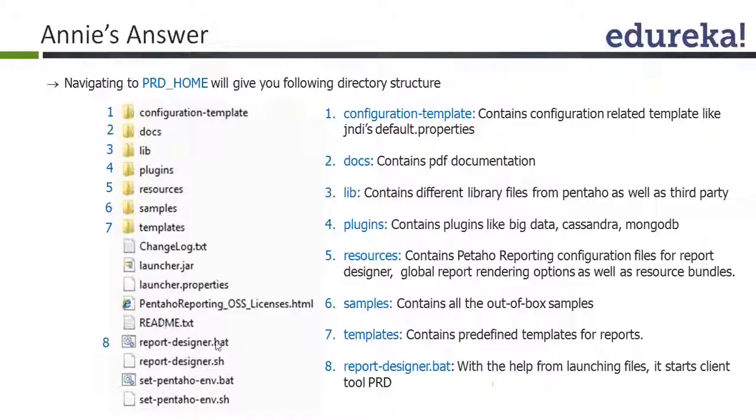This is the licensing term, readme. Then report-designer.bat, which you will use to launch, and .sh you will use for Linux. This is where it will set environment variables, and depending on your requirement you can configure it.